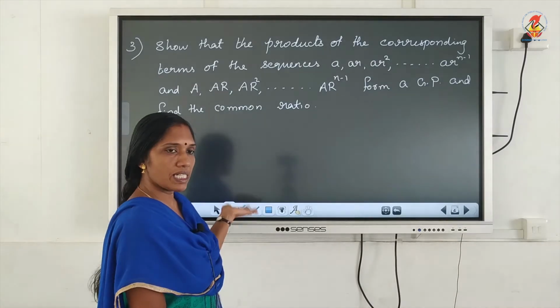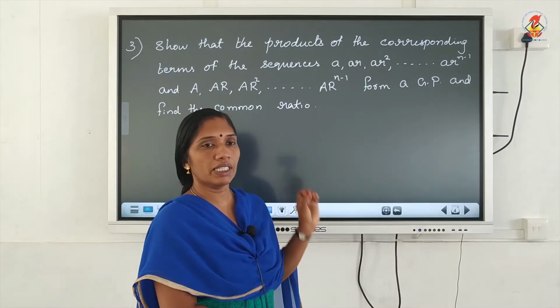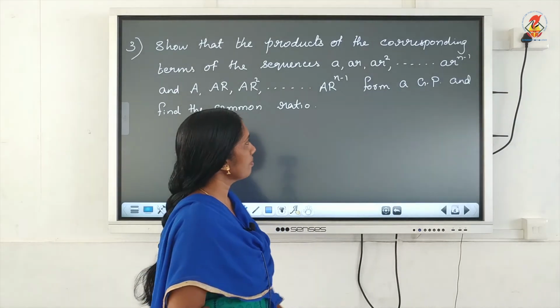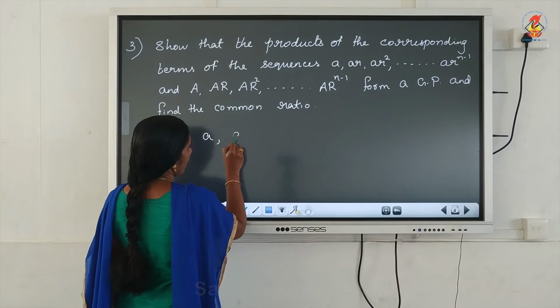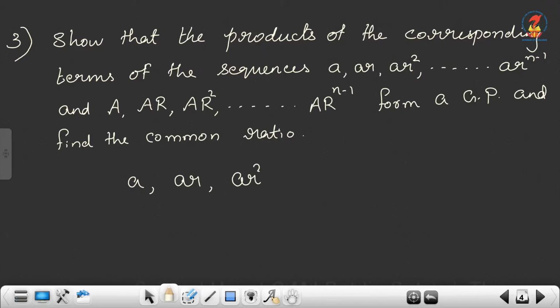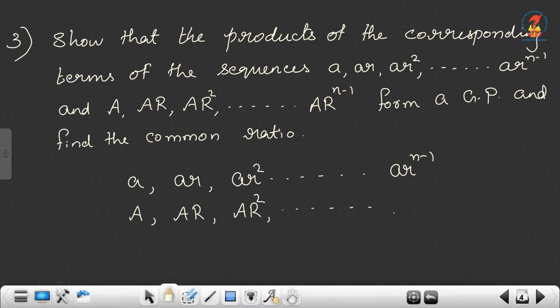So like the previous question, the numbers are given, here it is generally. Sequences are a, ar, ar square etc. ar raised to n minus 1. This is the first sequence. The second sequence capital A, capital AR, capital AR square etc. capital AR raised to n minus 1.